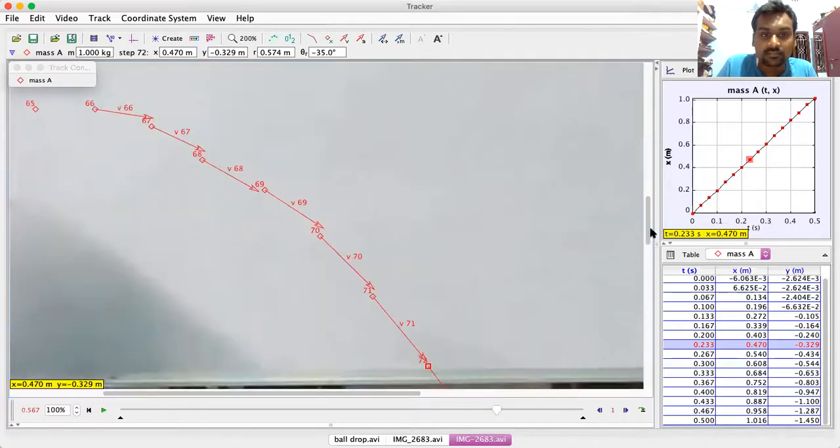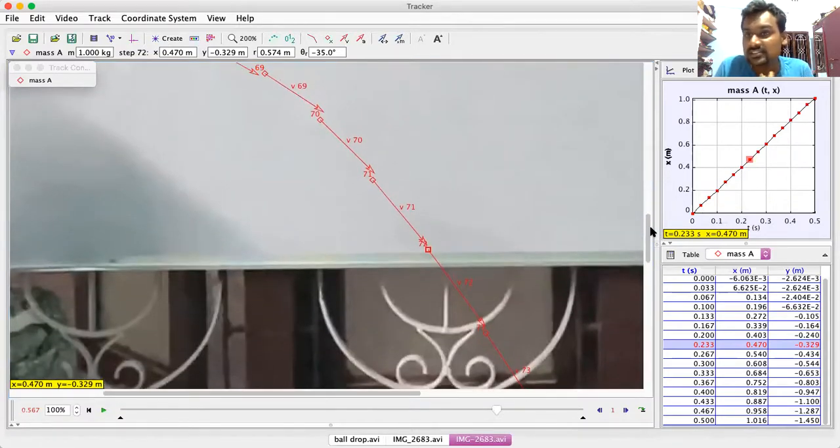As I told you, this is just an example, which means vectors are represented using arrows, and that applies to all vector quantities. It need not be just velocity. So this is how we represent a vector quantity using an arrow.